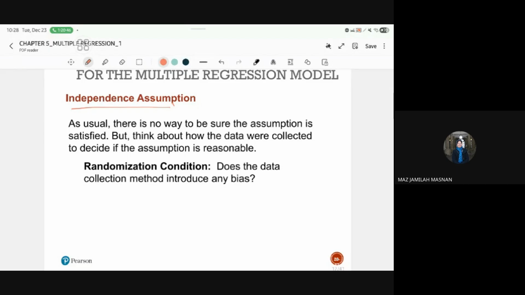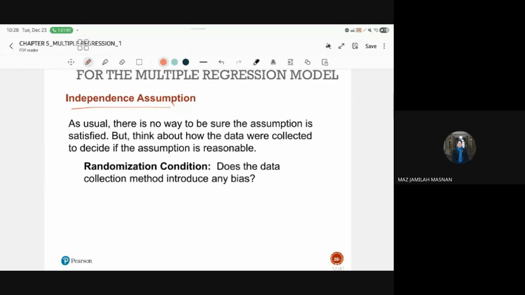If you are the one who did the data collection, you know the real situation on how you collected the data, and in terms of dependency and everything, you may know about that when you did the collection. In terms of the randomization condition, does the data collected introduce any bias?